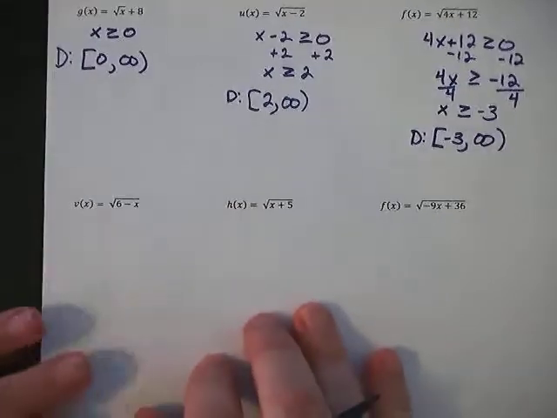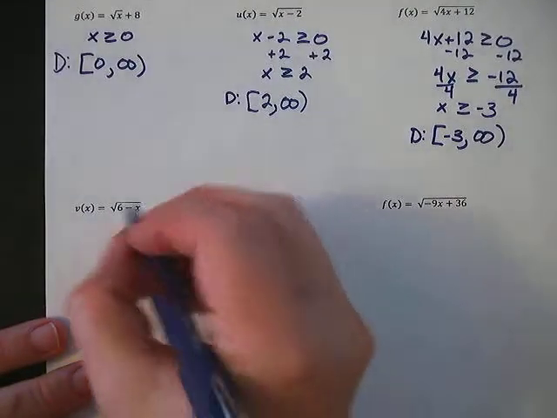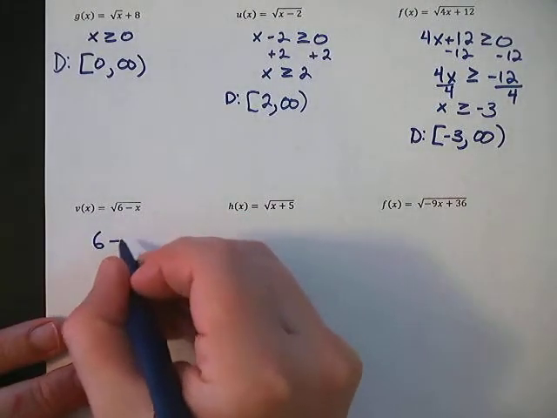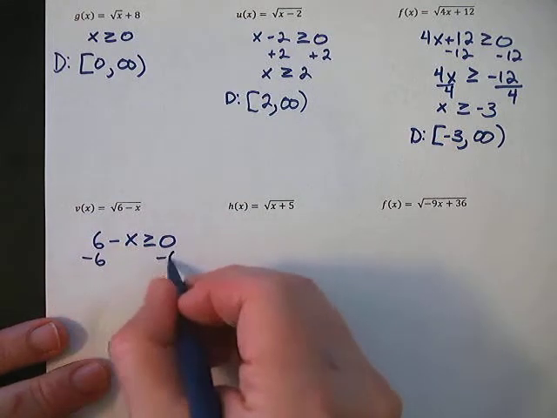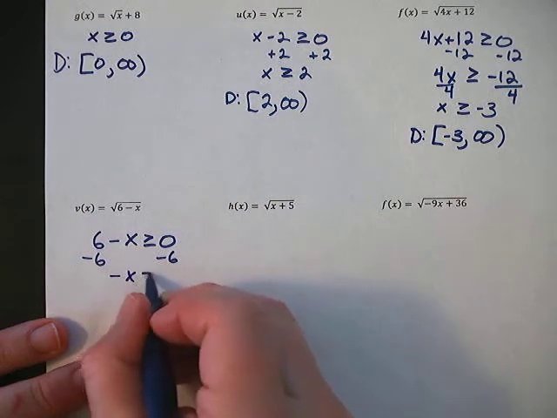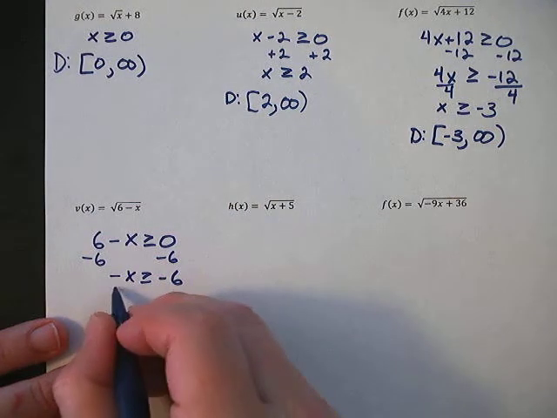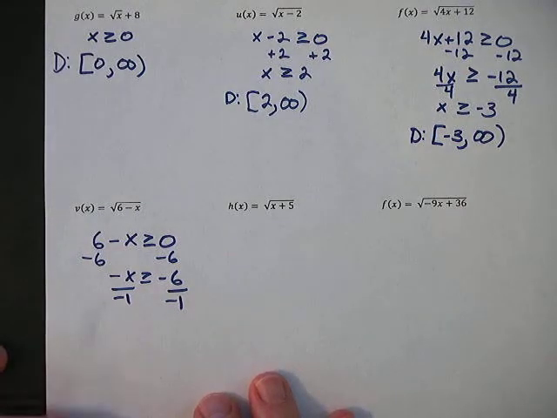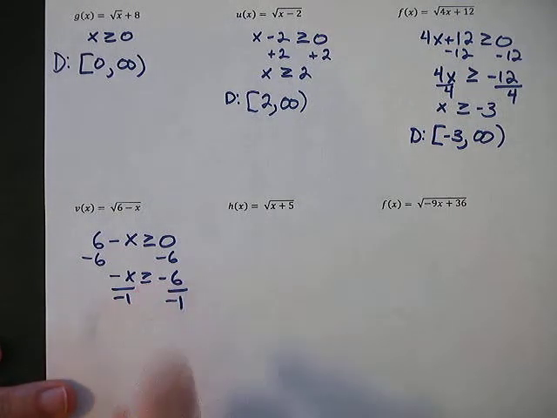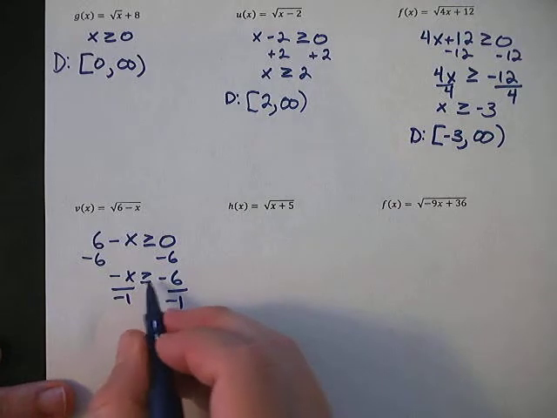Okay, let's look at this one down here. 6 minus x is underneath the square root, so we set 6 minus x greater than or equal to 0. We subtract the 6 from both sides, so we get negative x is greater than or equal to negative 6. We divide by negative 1, and anytime you divide or multiply by a negative number when you have an inequality, you flip the direction of the inequality.